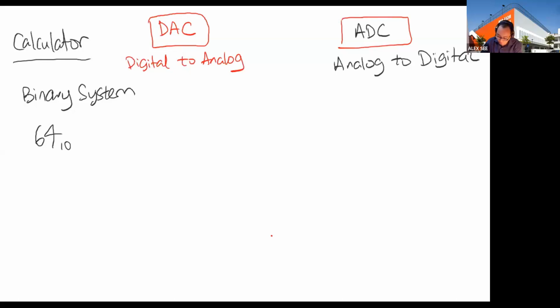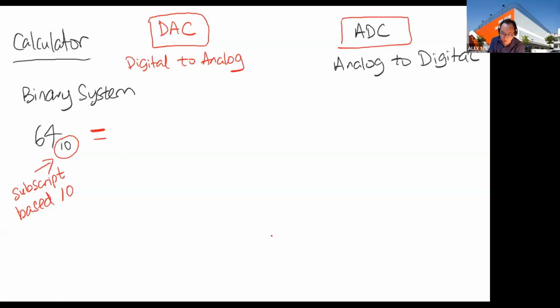What does this subscript mean? It's the base of the number. We know base 10, the number system we have been learning since young: 1, 2, 3, 4, 5. This is the number 64, but with base 10 here.